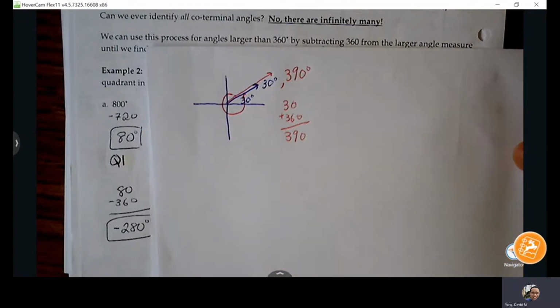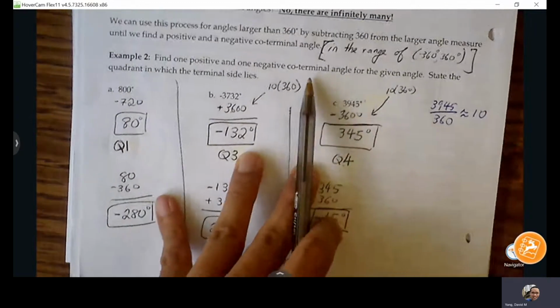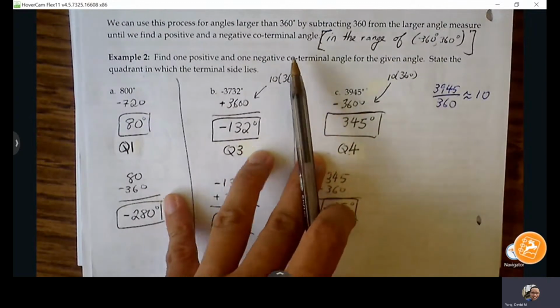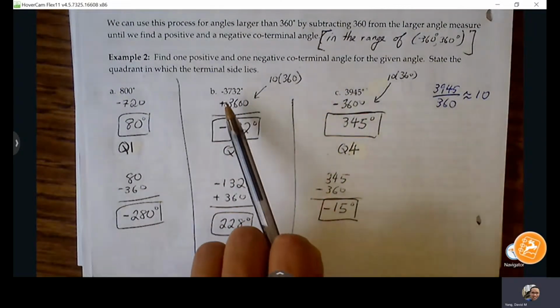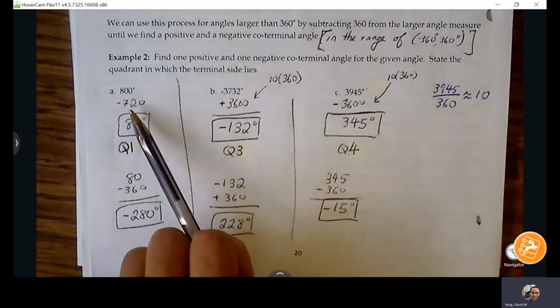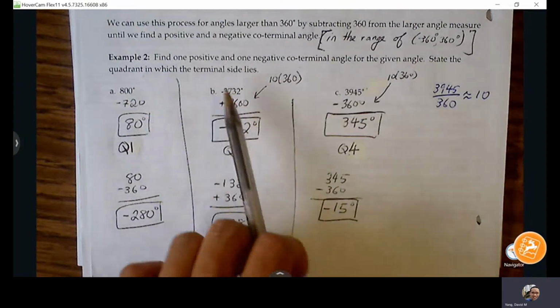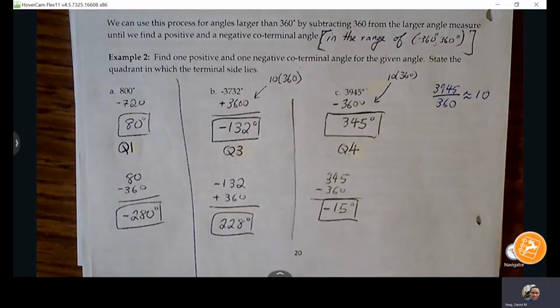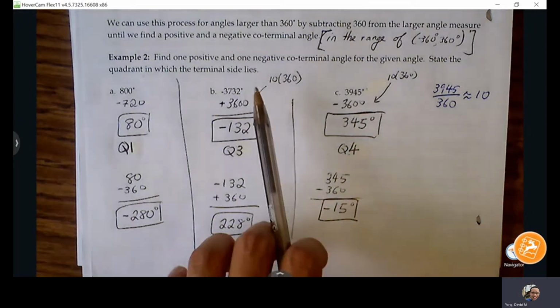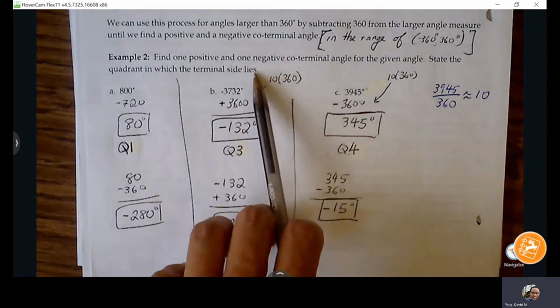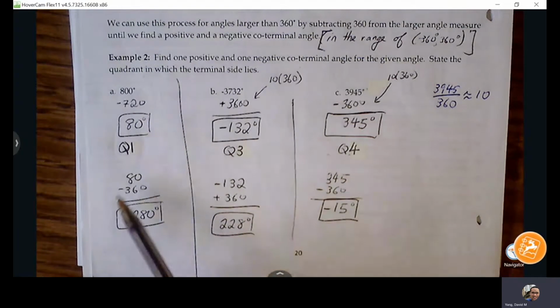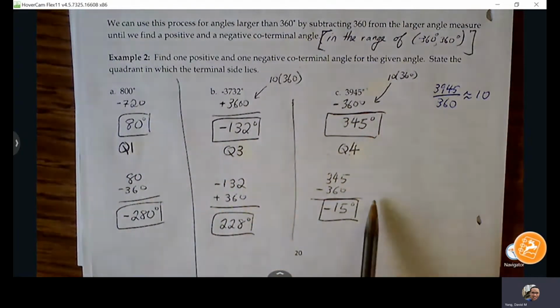All right. So if we want to find a positive and a negative coterminal angle, we can simply add or subtract 360, because these are just variations of the same coterminal angles. And we're able to arrive at a positive and negative angle measure that we can recognize.